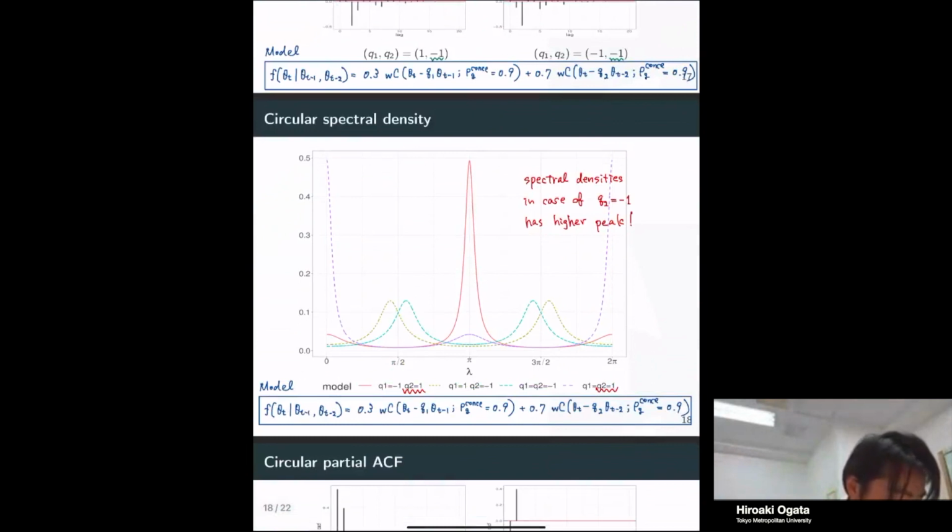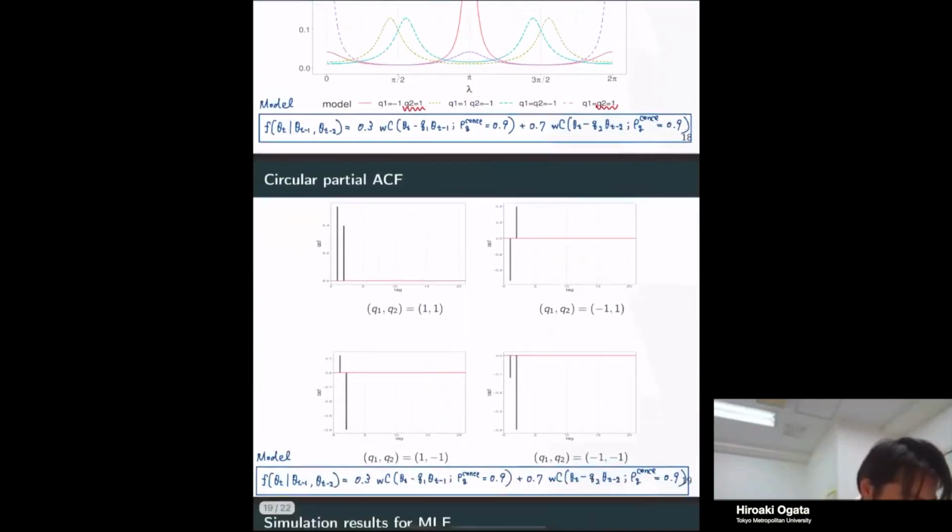And this is the circular spectral density. In the case where Q2 is 1, then we have a higher peak like this.